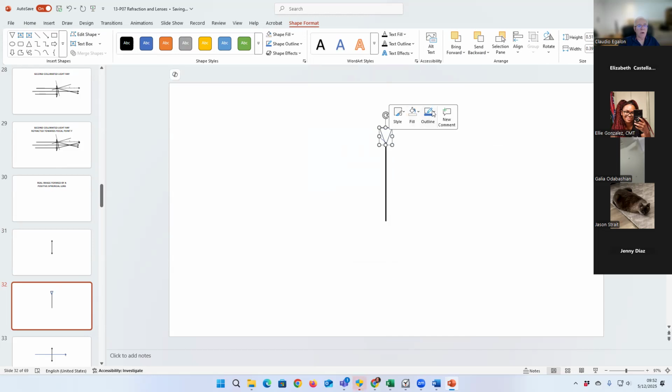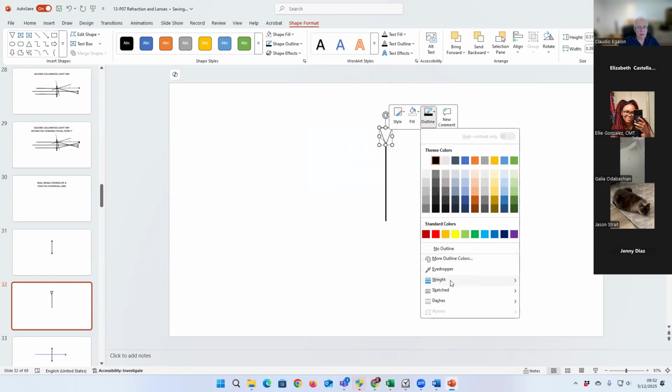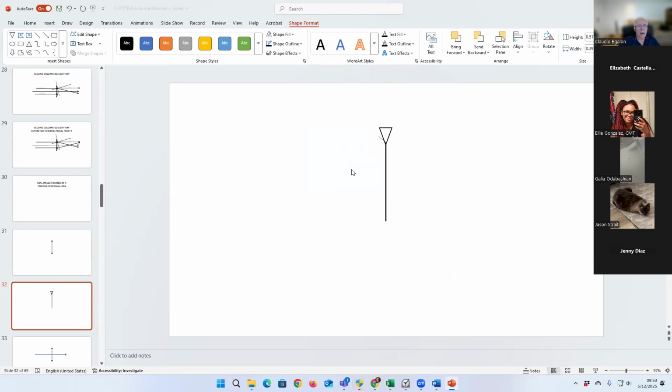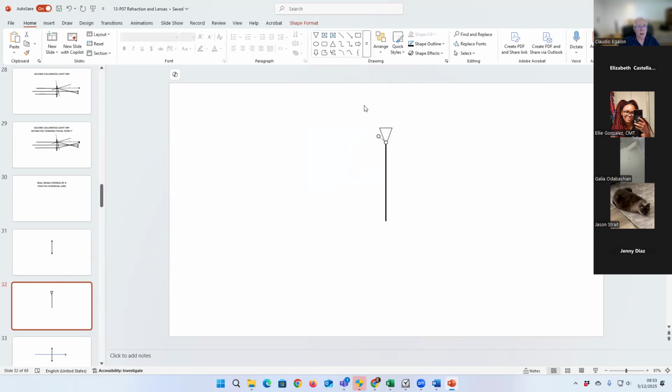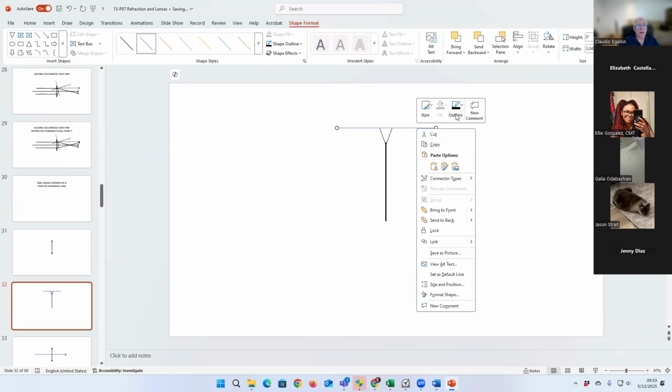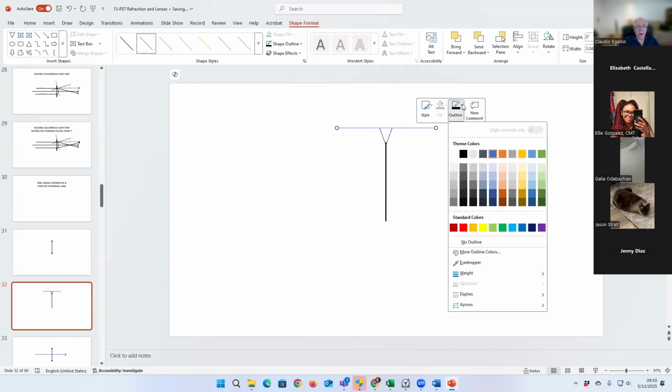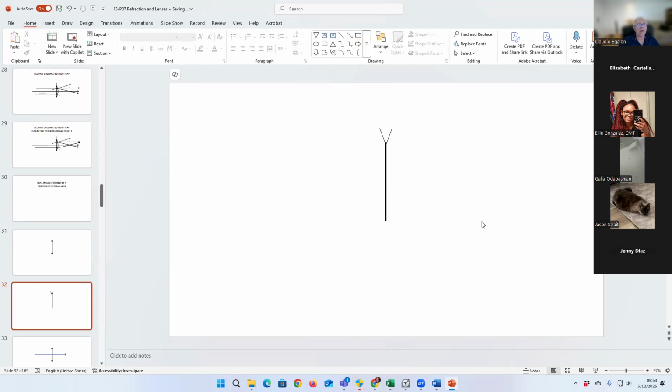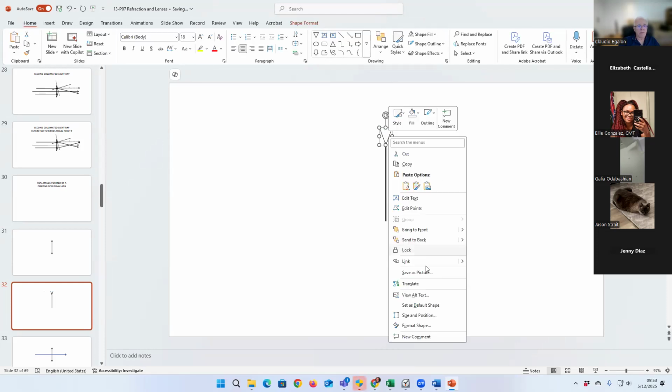No fill, the line is going to be black, and I'm going to make it thicker. More students coming. I am going to hide the thing, white. Yeah, here you go. Going to make it thicker.